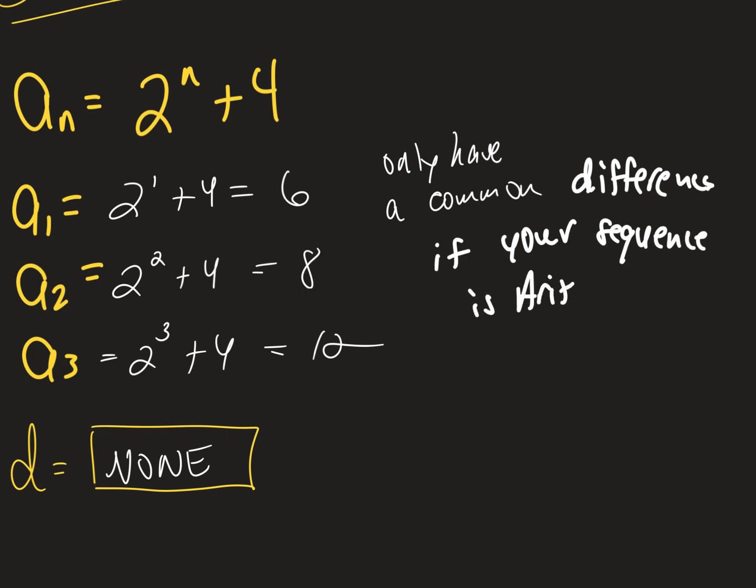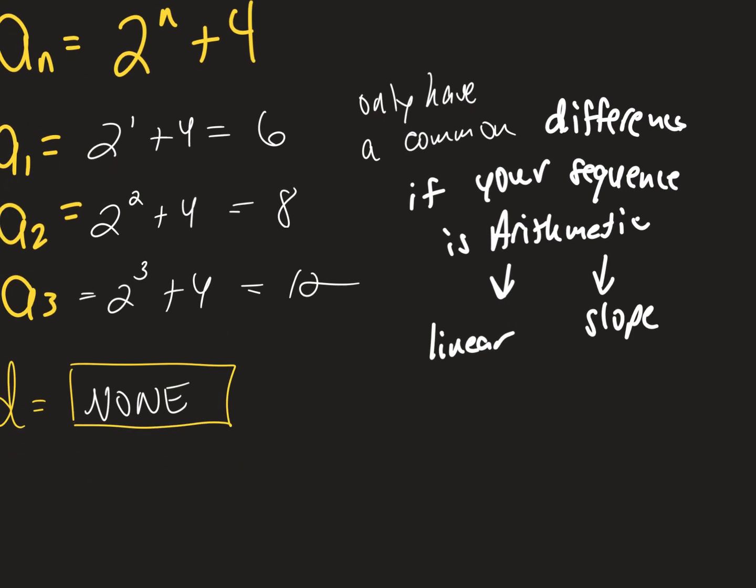Arithmetic. I keep saying the same thing because I want you guys to remember that. When I see arithmetic, what do I think of? Linear. What do I think of? Slope. Arithmetic, you add or subtract the same number to get to the next.